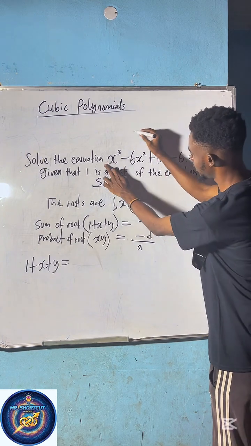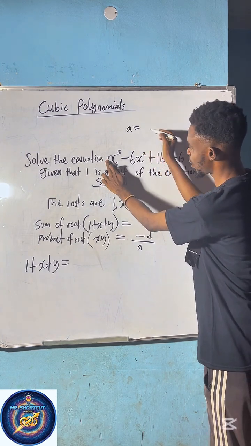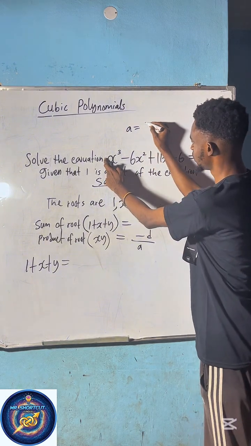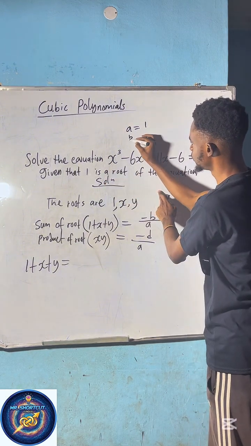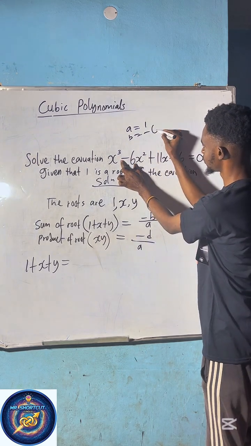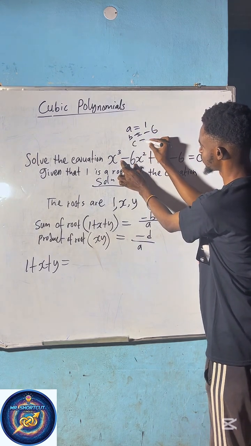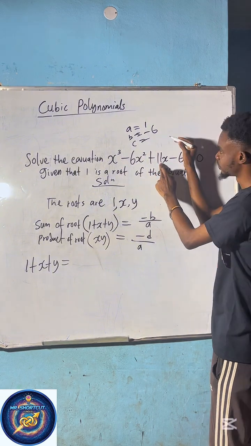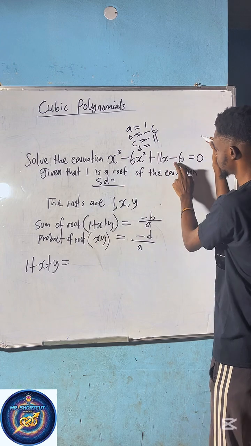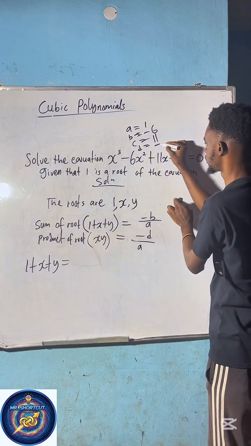So a is 1, since there is no coefficient here, so there is an invisible 1 in front. B is minus 6, c is 11, and d is minus 6.